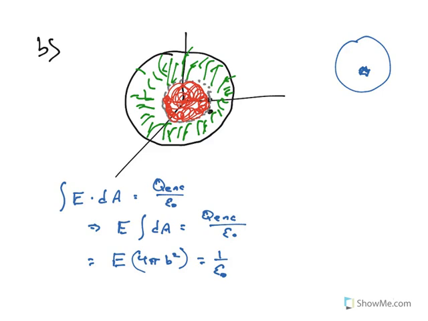Well, it's the density of the charge, or rho, times how much of that rho do we have inside of this box. So it's rho times the volume of this little box, because remember, rho is Q over volume.